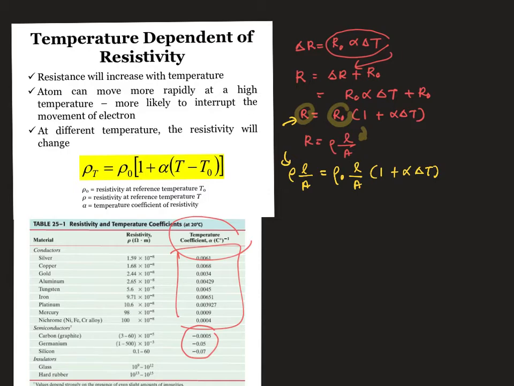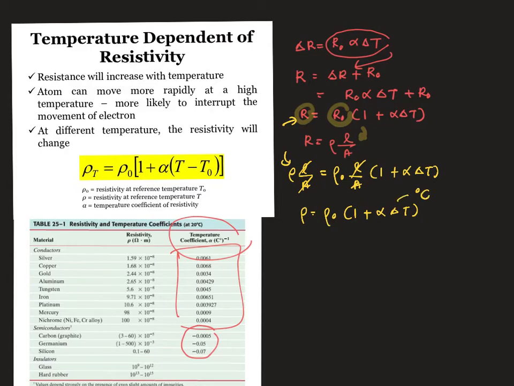Because length and area didn't change, we can cancel them. Therefore you get the formula for resistivity: the new resistivity is equal to the original resistivity times (1 plus alpha change of temperature). Please take note that temperature here needs to be in Celsius.